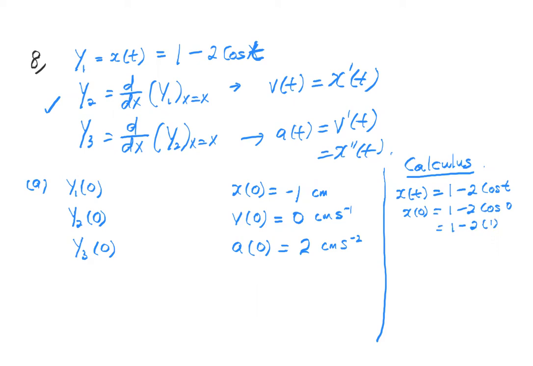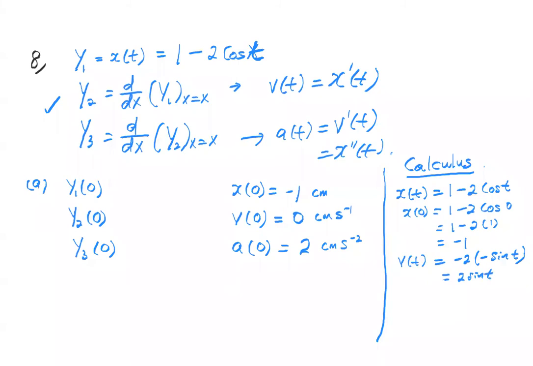So I get -1. Okay, so my v(t), I have to differentiate this. So when I differentiate cos, I get negative sin, am I right? Okay, so this is 2 sin t. So this is my calculus.